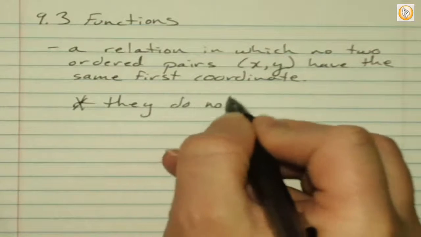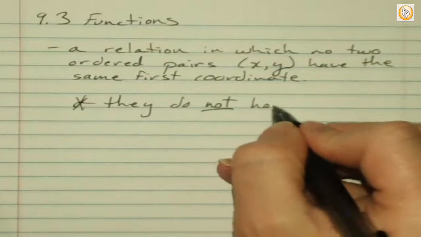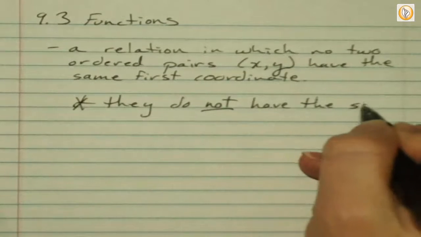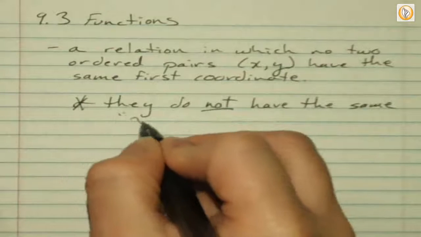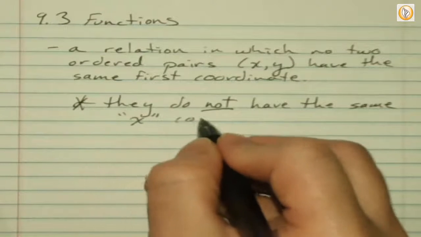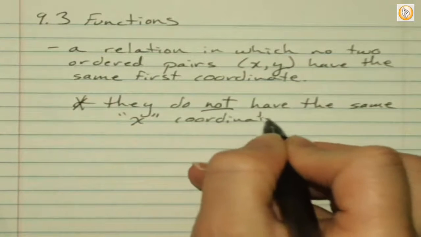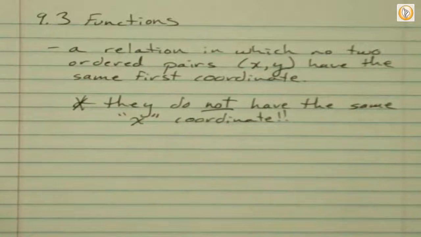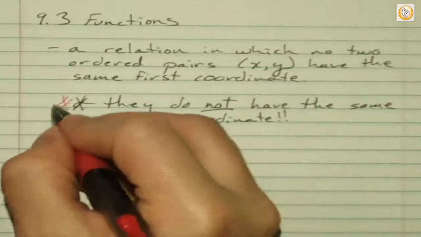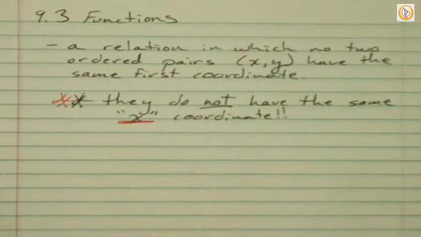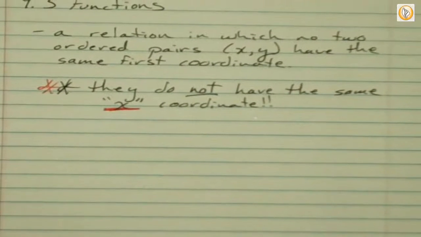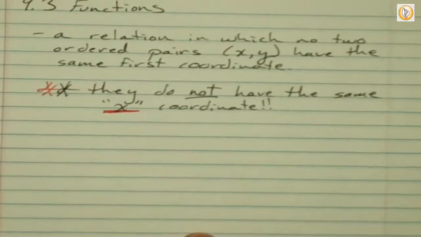They do not have the same x coordinate. Very good. I'm going to put another star here, and I'm going to underline this. Notice they didn't say y, they just said x. So a function is a relation in which no two ordered pairs have the same x.